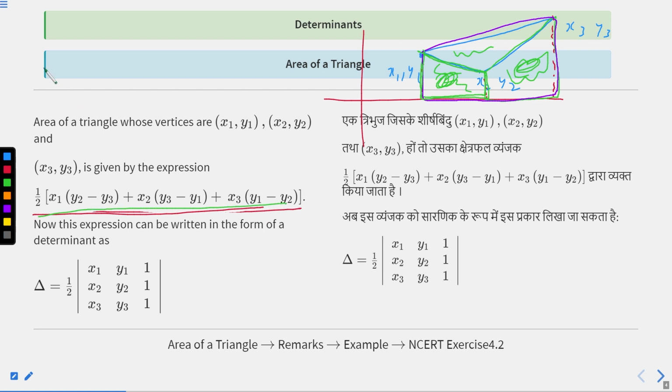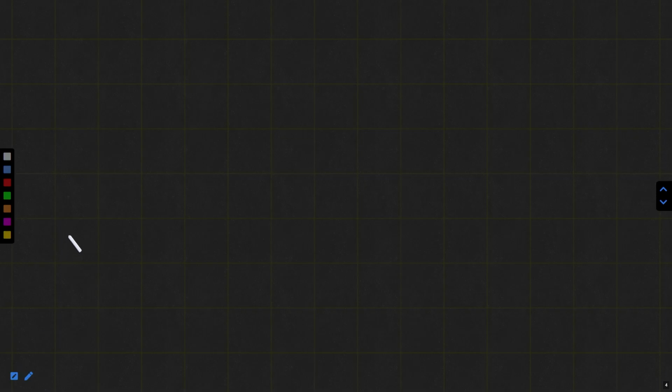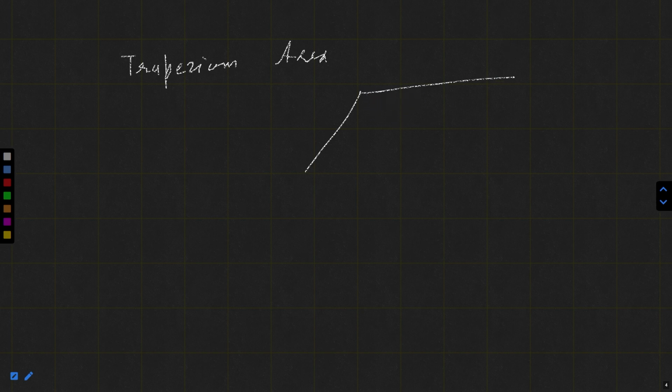Let me explain what we mean by trapezium area. Area for the trapezium, we all know, let me write it here. The trapezium figure looks like this.